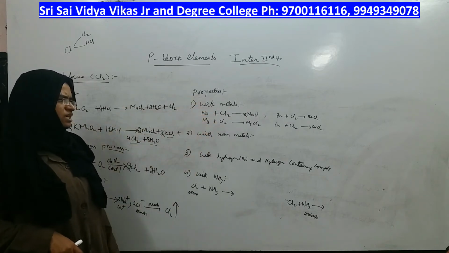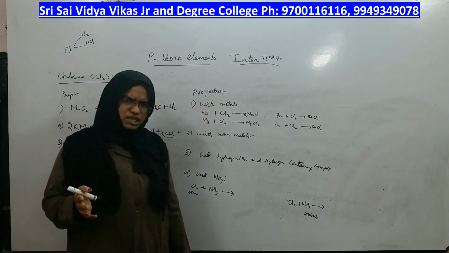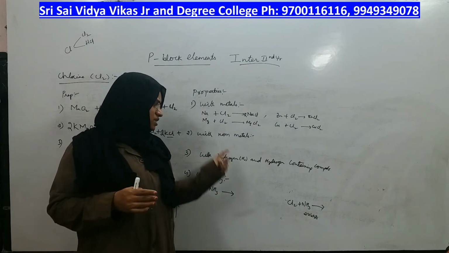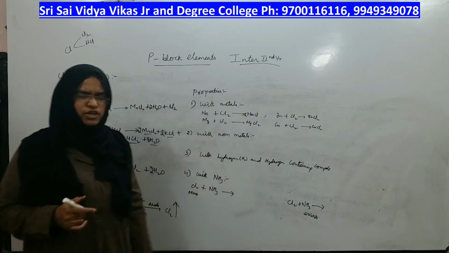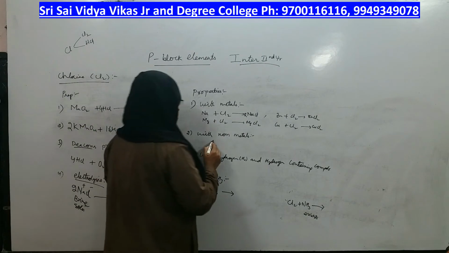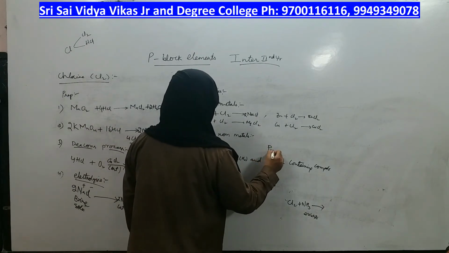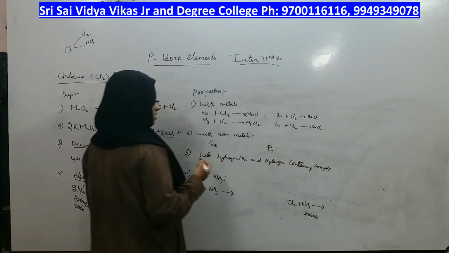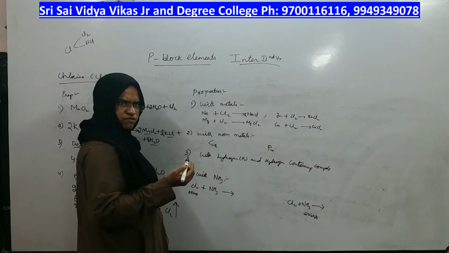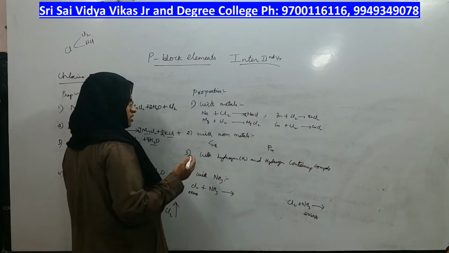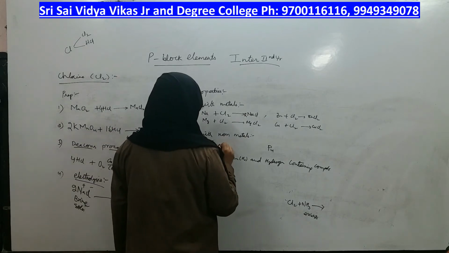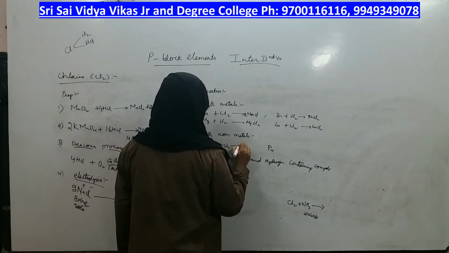Now what is the next reaction? It reacts with metals, we have seen, and the next reaction is how it reacts with non-metals. What are the non-metals we can have? Sulfur is a non-metal, phosphorus is a non-metal, and there are other non-metals also, right? Oxygen is also a non-metal, with which it gives oxide, that we have already seen. With sulfur, what will it give?